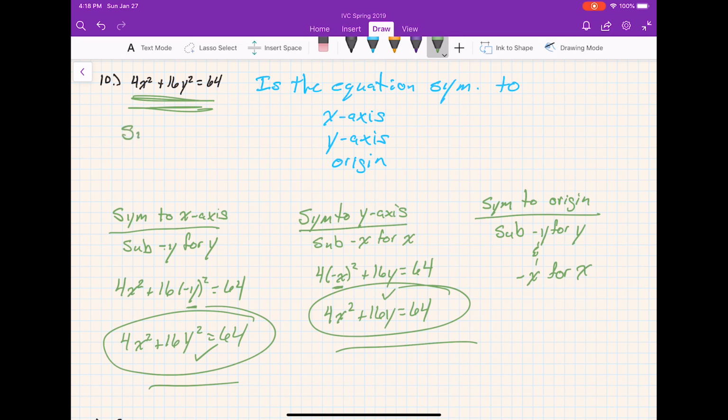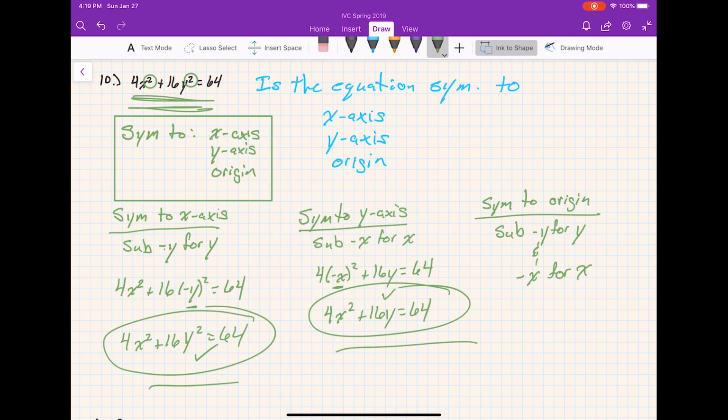So this equation is symmetric to the x-axis, the y-axis, and the origin all at the same time. And the reason this is symmetric is because of these squares here.